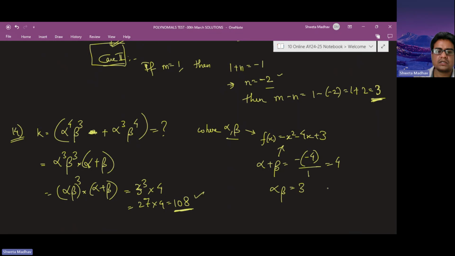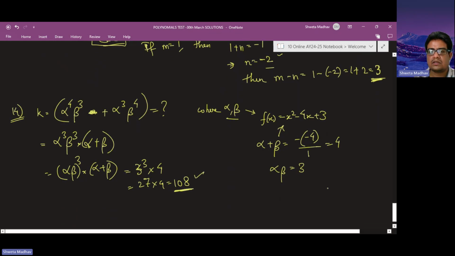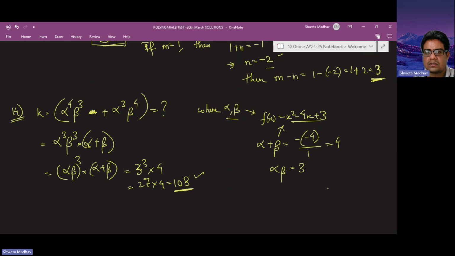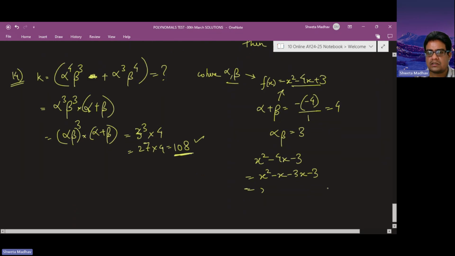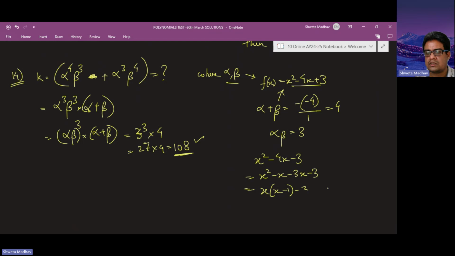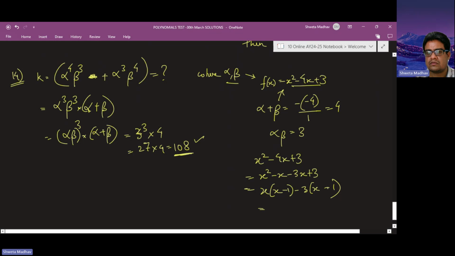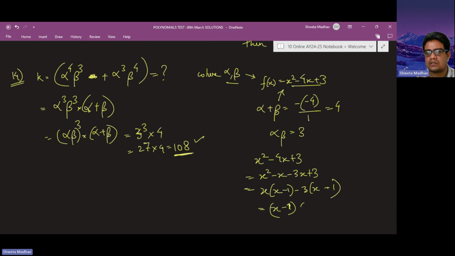So the value 108 we can get here, or we can explicitly find out the values of alpha and beta. If we factorize, we get x squared minus 4x plus 3, then x squared minus x minus 3x plus 3, and then x into x minus 1 minus 3 into x minus 1. Sorry, plus 3, it is plus 3. So then we will get x minus 1 into x minus 3.